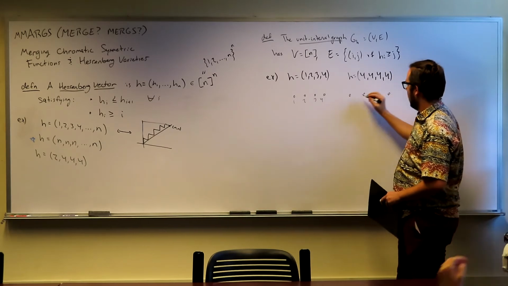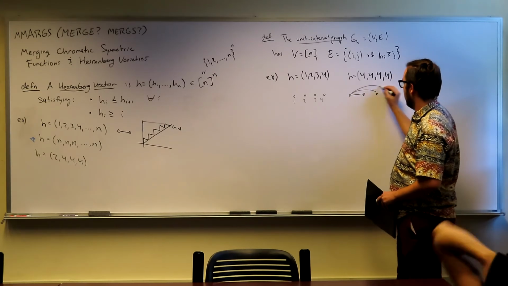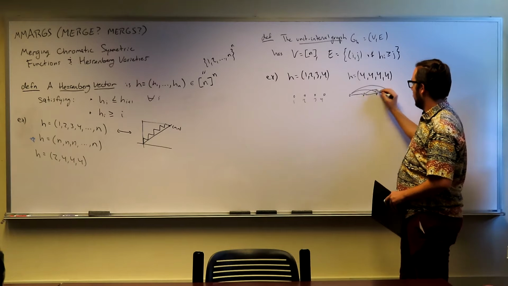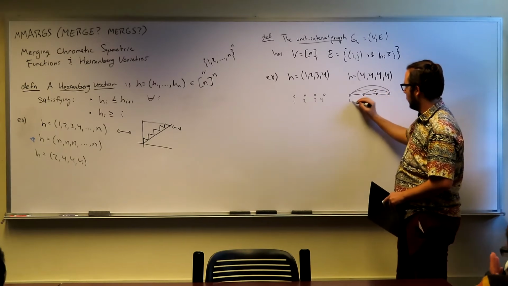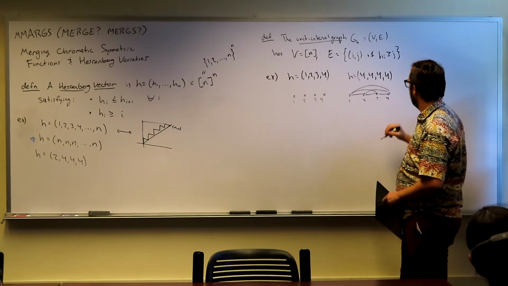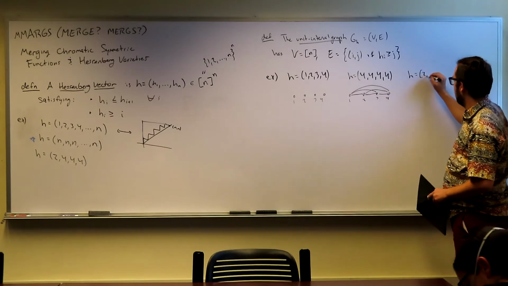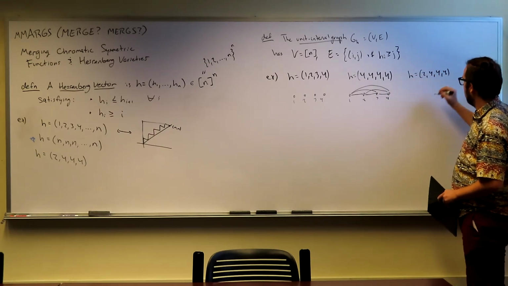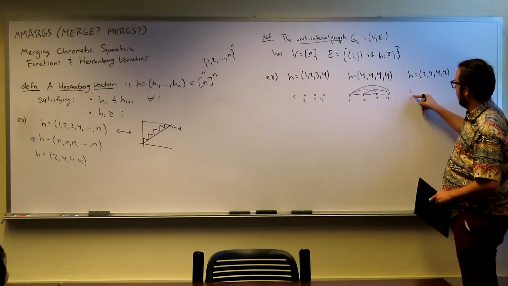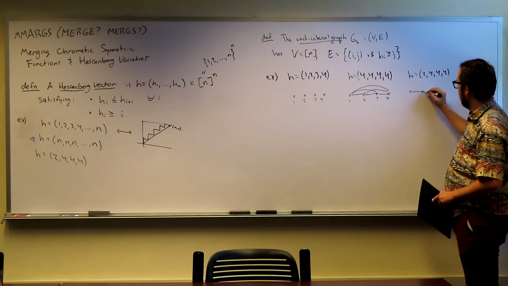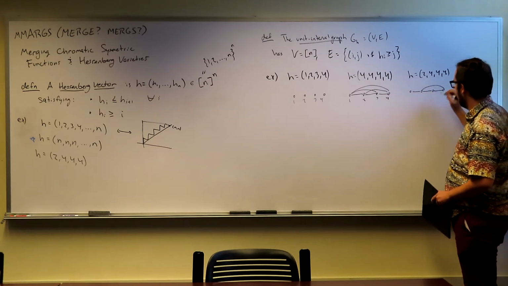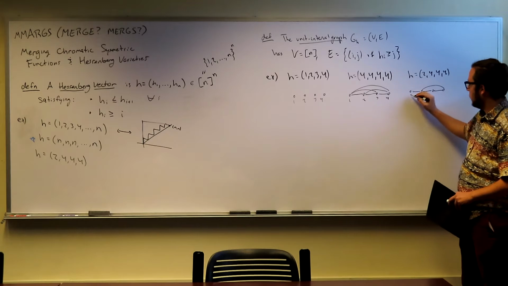So 1 goes to 2, 1 goes to 3, 1 goes to 4, 2 goes to 3, 2 goes to 4, and 3 goes to 4. And finally, our slightly more interesting example, 2, 4, 4, 4. This tells me vertex 1 only goes to vertex 2, vertex 2 goes to 3 and 4, and vertex 3 goes to vertex 4.